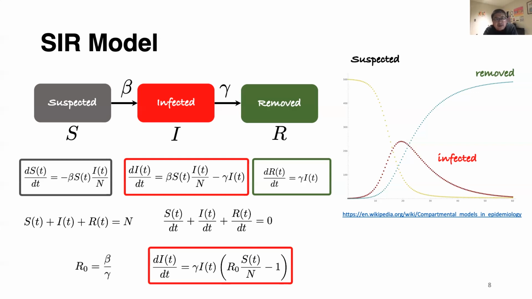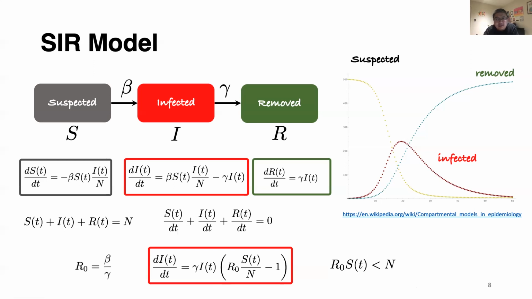If we bring the expression of R0 back to the ordinary differential equation with respect to I_t, we can rewrite I_t in this format, from which we can see that in order to keep I_t increasing, we need the term in the parenthesis to be bigger than 0, which is equivalent to making R0 times S larger than N. So in other words, if we want the epidemic to stop, we need to make this condition happen.